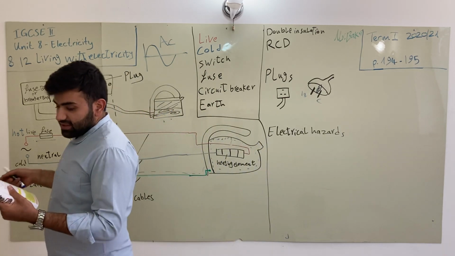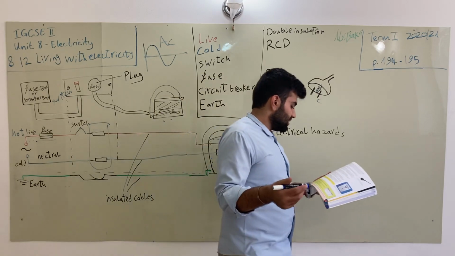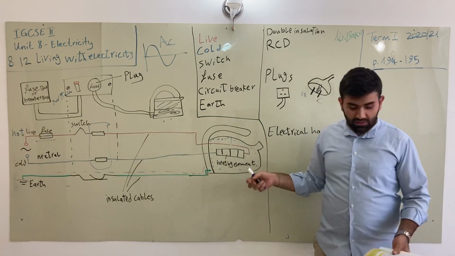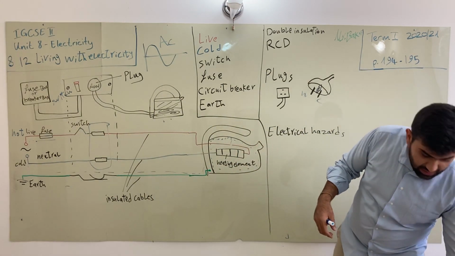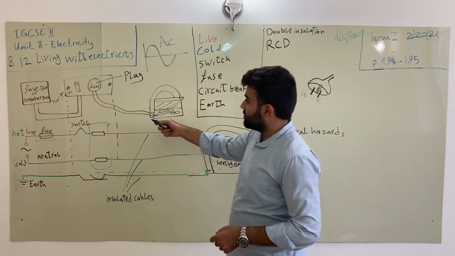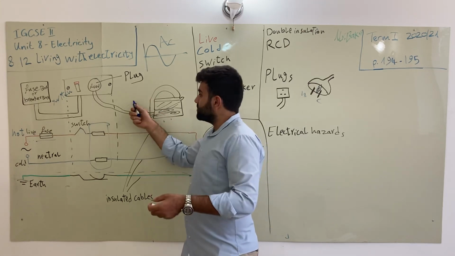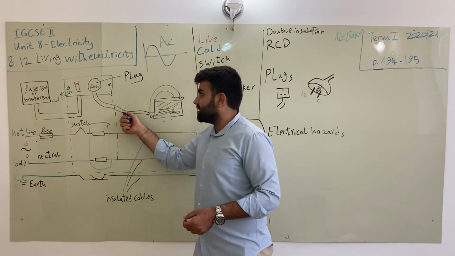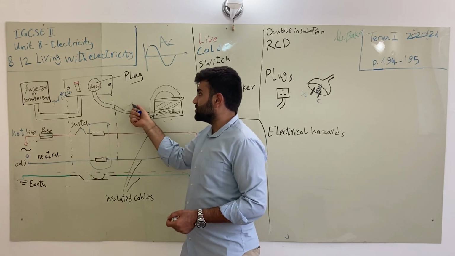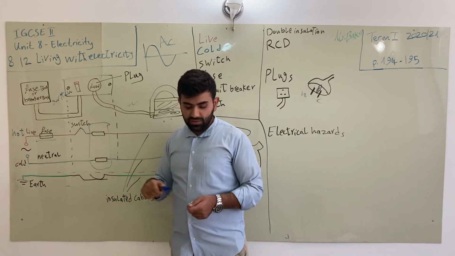And cuts in cables: when you have a knife or a sharp thing cutting cables, they might touch each other and make a short. That will cause a fire if there is no protection.